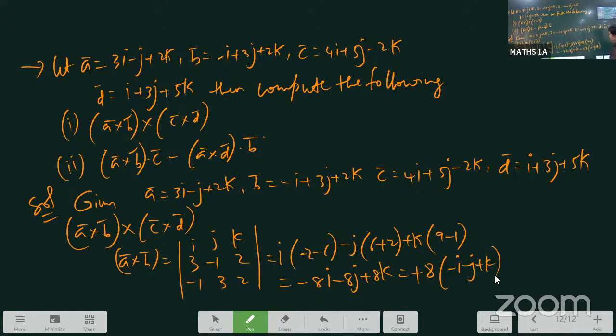C bar and D bar are given now. Now let us find C bar cross D bar. What vector am I going to get? i, j, k; 4, 5, minus 2; 1, 3, 5.